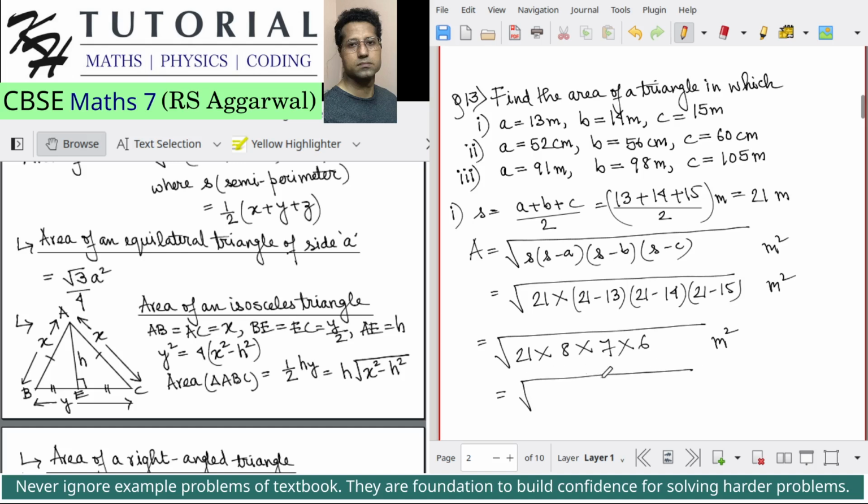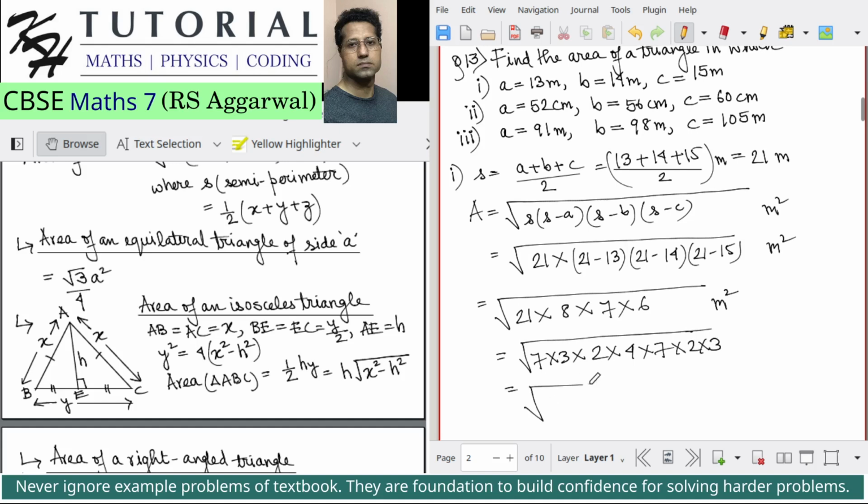This is equal to, 21 is 7 into 3, 8 is 2 into 4, we have 7, and 6 is 2 into 3. We have to form squares inside the square root.